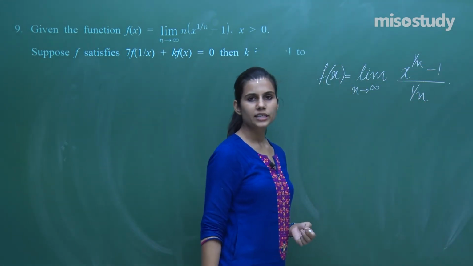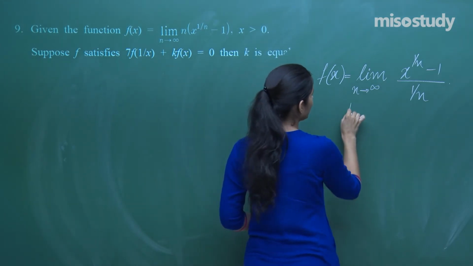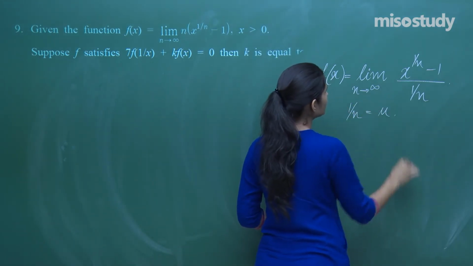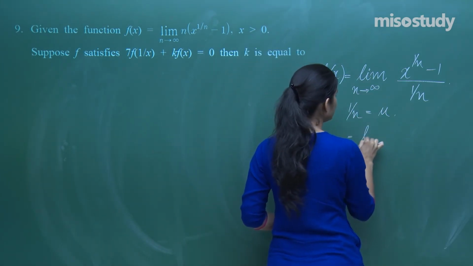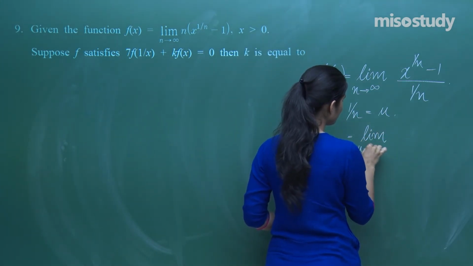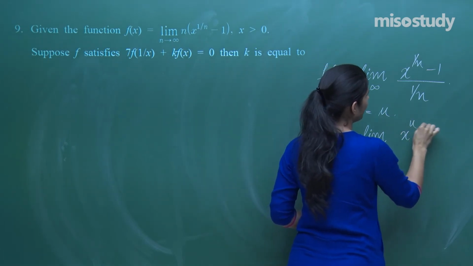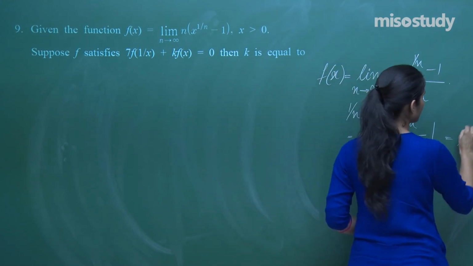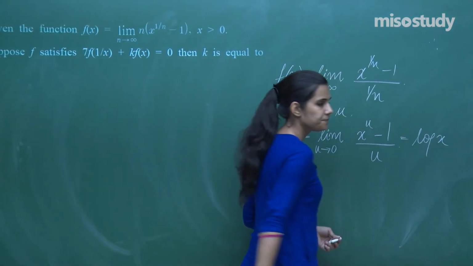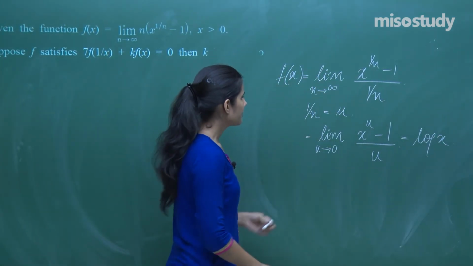So that power of x and denominator are exactly the same. Now I can say 1 by n if you consider as u, as n tends to infinity, 1 by n tends to 0. So limit n tends to infinity gets converted to limit u tends to 0, x to the power u minus 1 whole upon u, and you know this is nothing but log x. So f(x) is coming out to be log x.